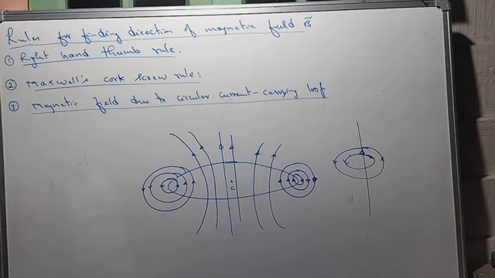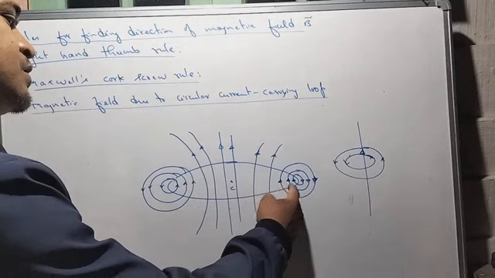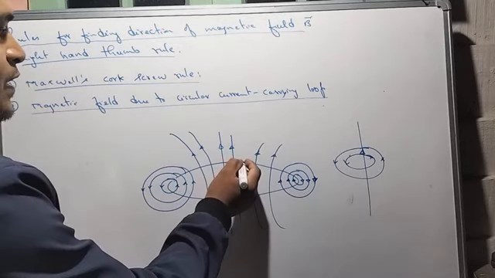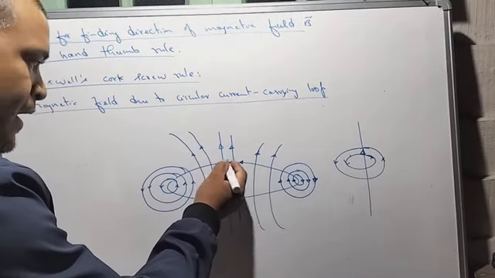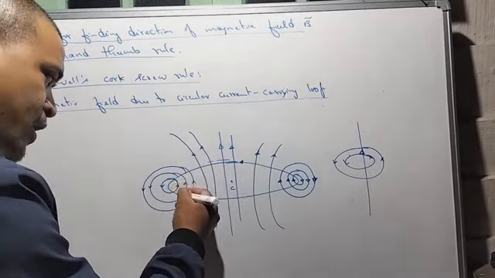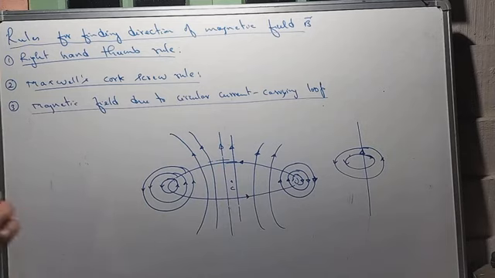This is my circular loop, which carries a current in the anti-clockwise direction. Now I want to determine the directions of the magnetic field due to this circular loop carrying current. Look at the ends of the loop.